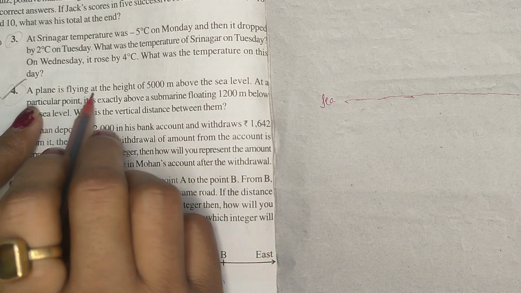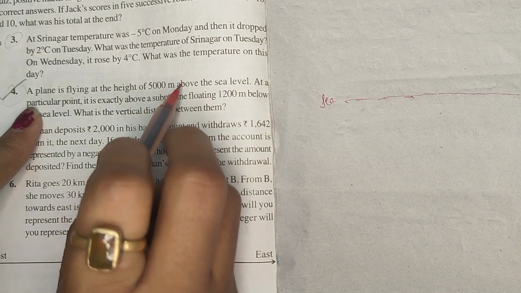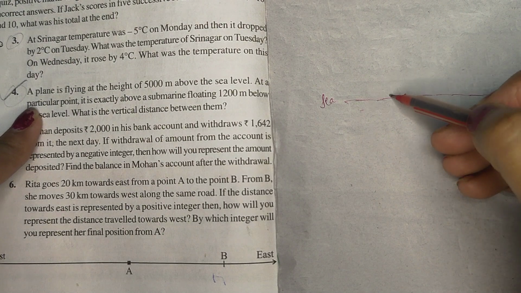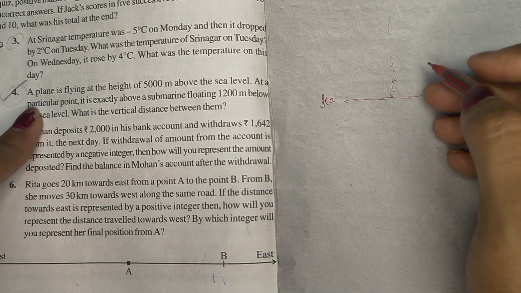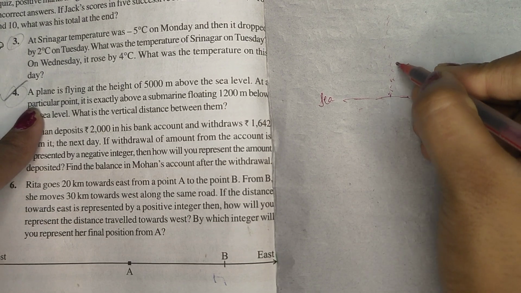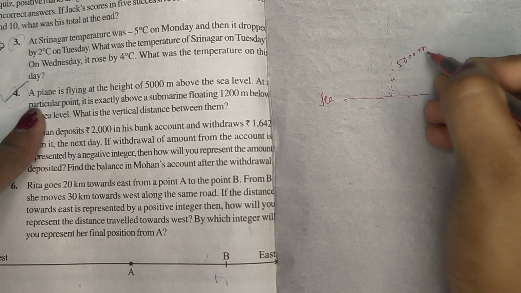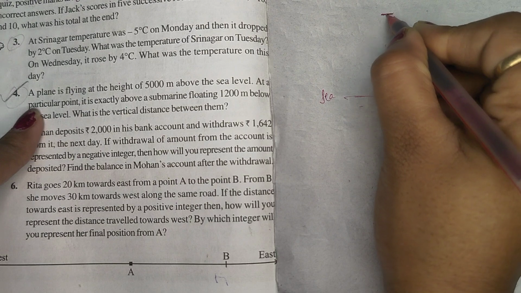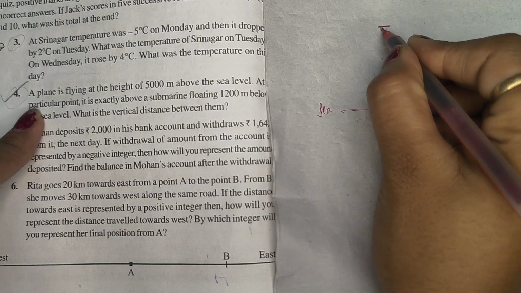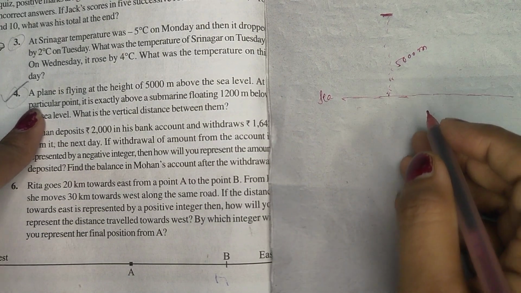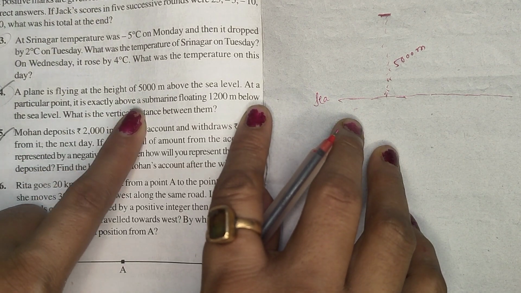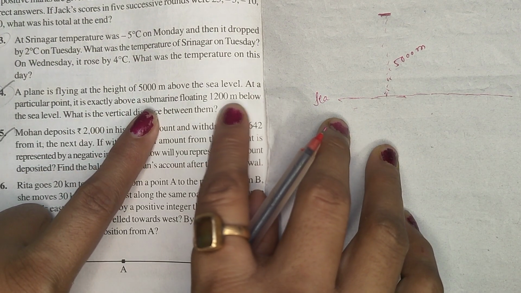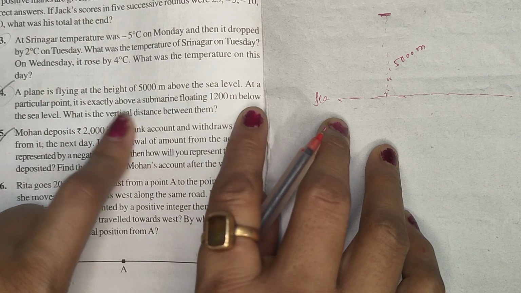A plane is flying at the height of 5,000 meters above. Above means the upper part. And at the particular point it is exactly above a submarine floating 1200 meters below the sea level.